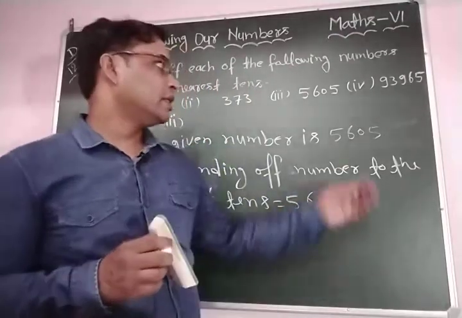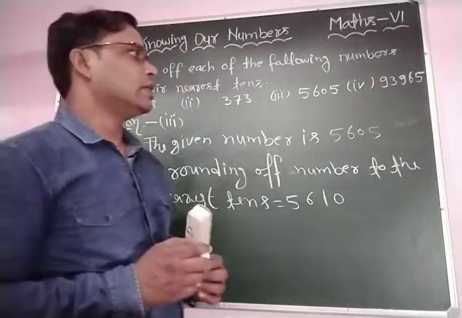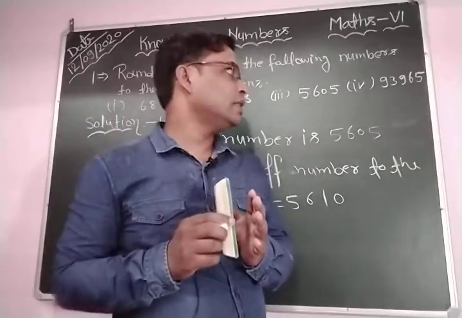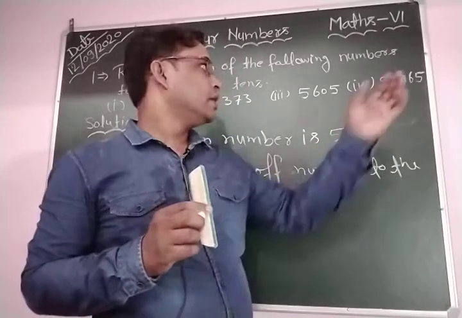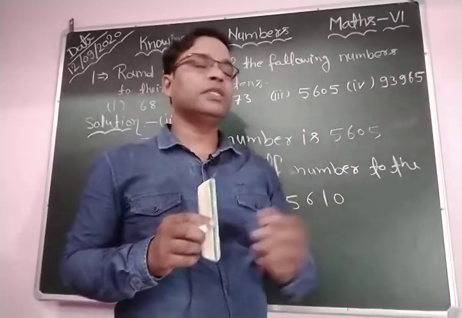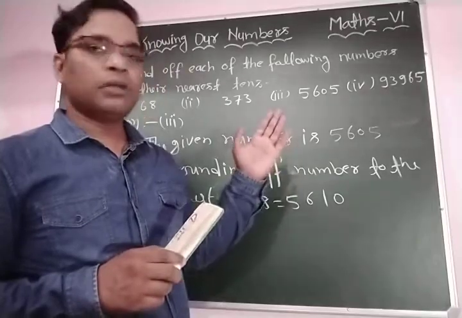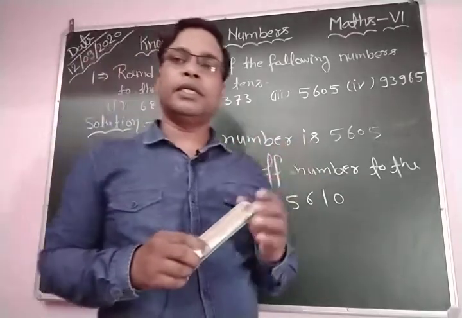Okay, now the next part of this question is 93,965. This is the fourth part of this question. We need to round the given number to the nearest tens place.